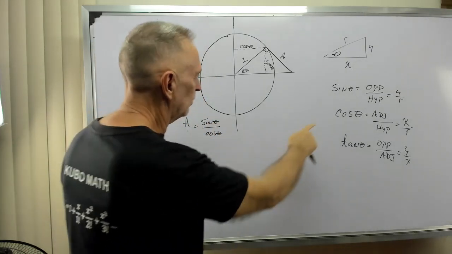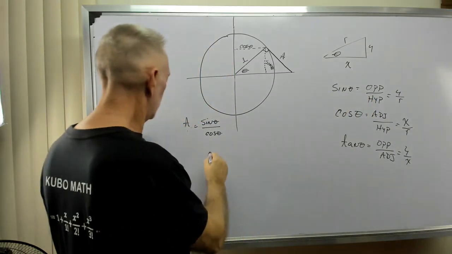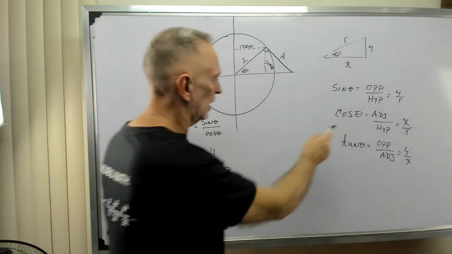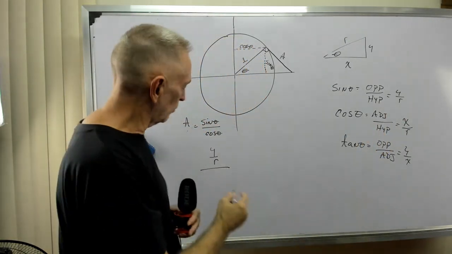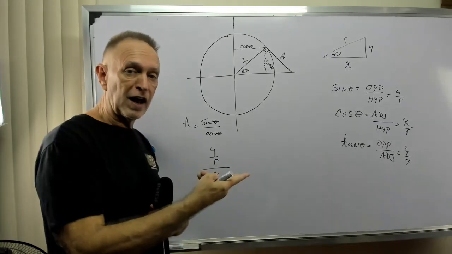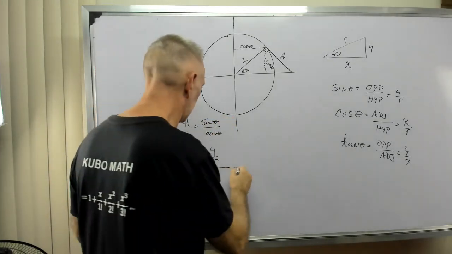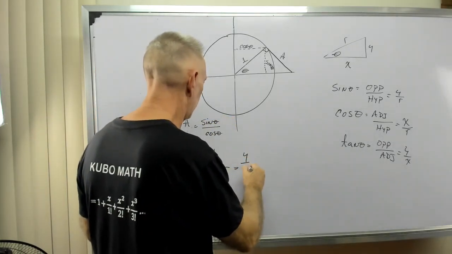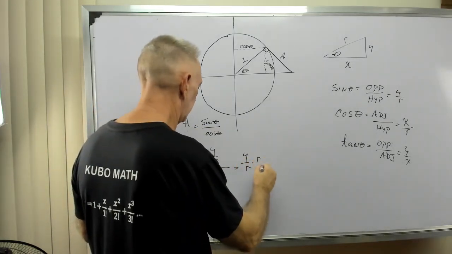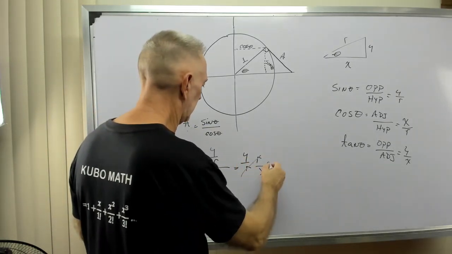All right, sine, we said, was y over r. And that's divided by cosine, which we said was x over r. And you know when you divide fractions, you invert and multiply. So I have y over r times r over x. So the r's cancel.